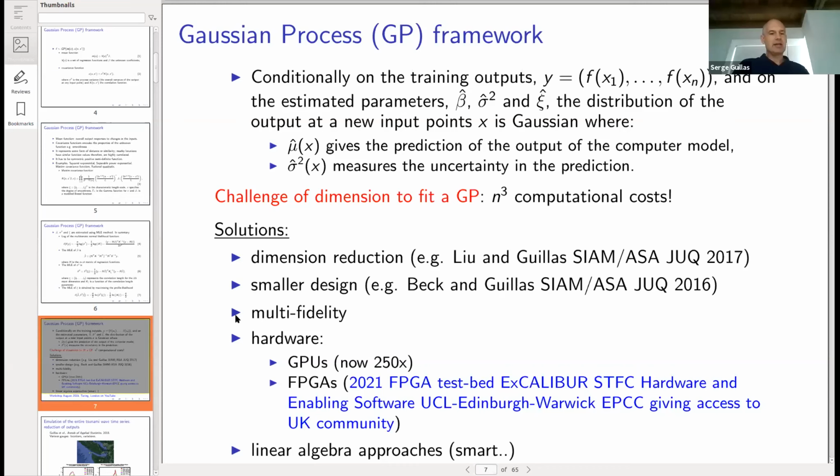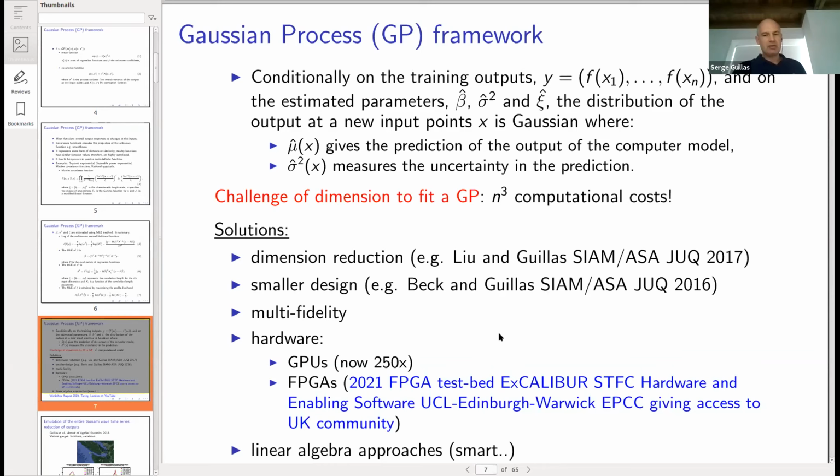Hardware: if you're smart about the implementation of these algorithms on GPUs, we have a package now that is accelerating 250 times on GPU, but it's comparing apples with oranges, so it's not that much faster. FPGAs: we're starting ExCALIBUR, the STFC kindly funded a hardware and enabling software consortium with Edinburgh and Warwick.